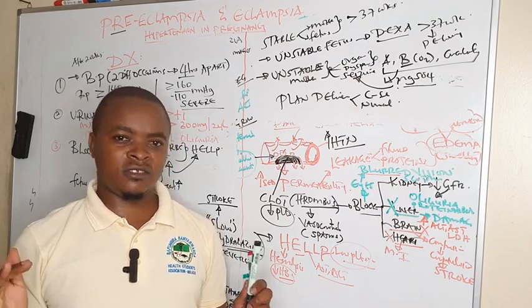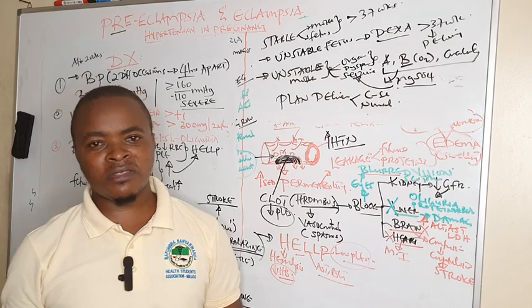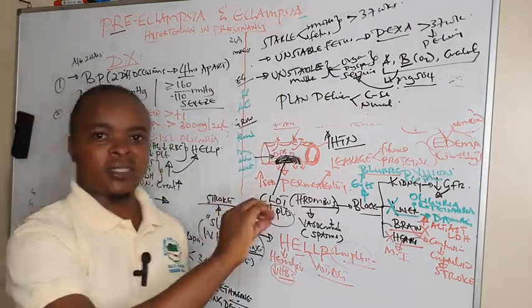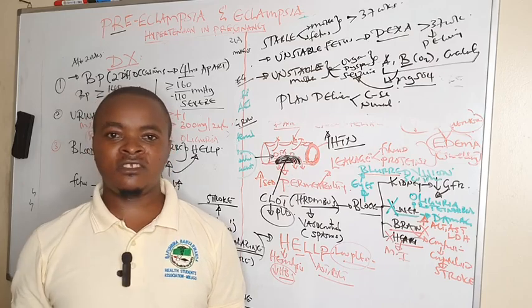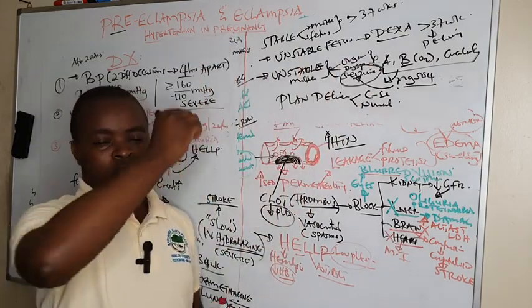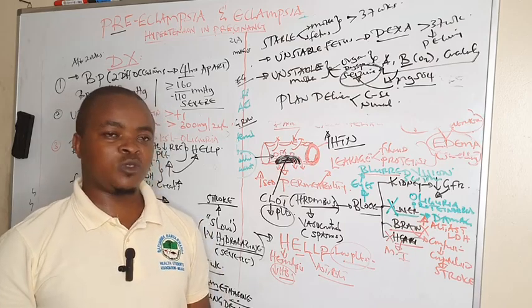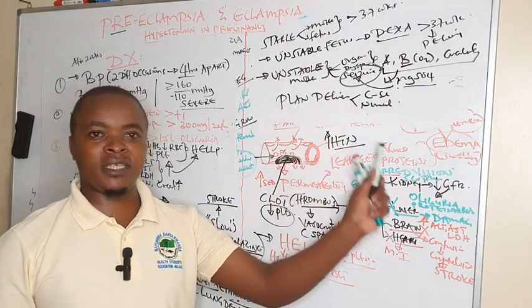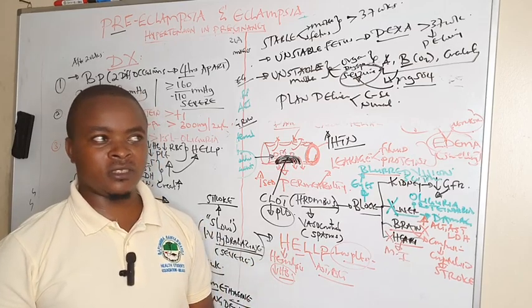No matter the gestational age, whether it is after 37 weeks or below 37, so long as the mother is unstable, you stabilize the mother as you are planning to deliver this baby, because with the seizures, this is an obstetric emergency. You must stabilize the mother and plan for terminating the pregnancy so that we don't lose all of them. That is what we can do by managing.